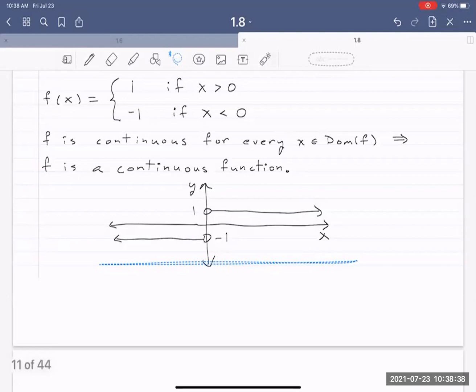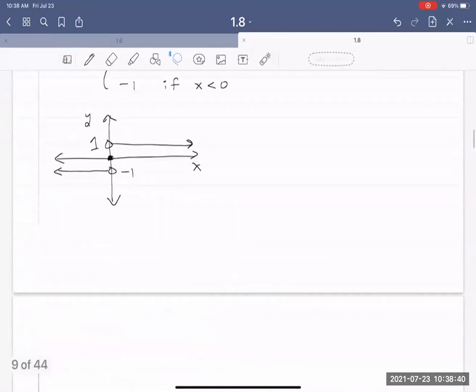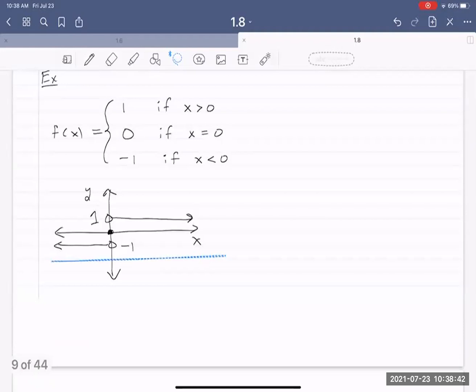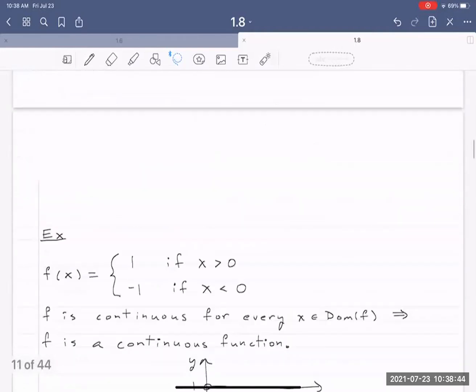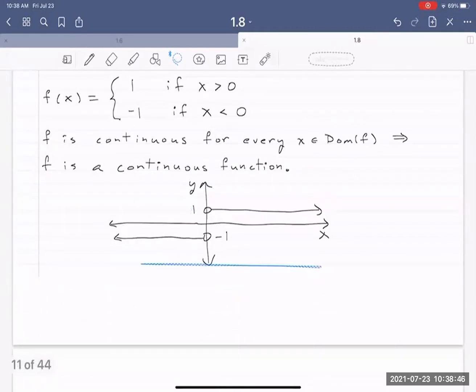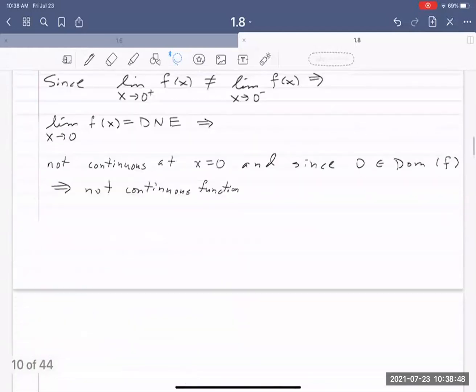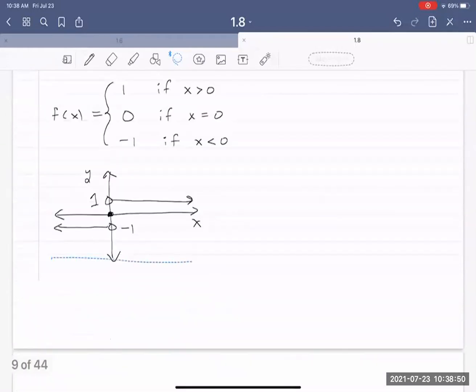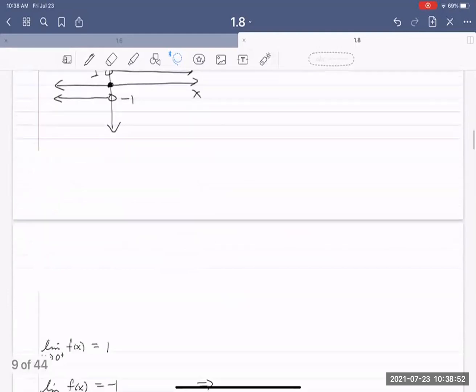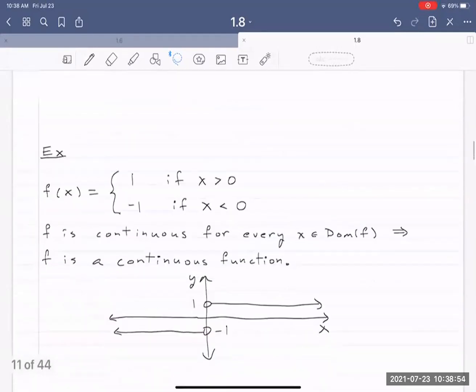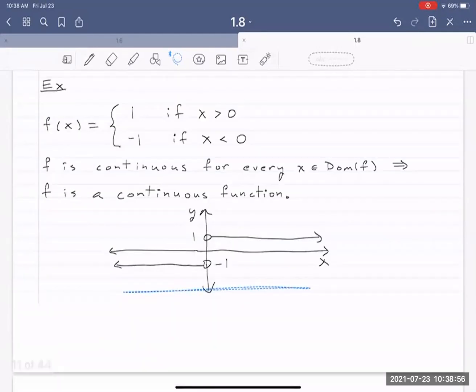So notice, continuous on real line. Not continuous on real line. Not a continuous function. Continuous function. Okay? Any questions about that?